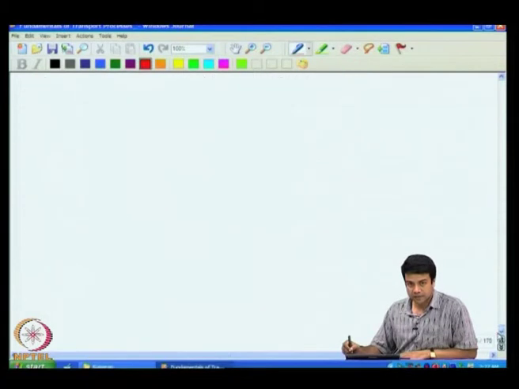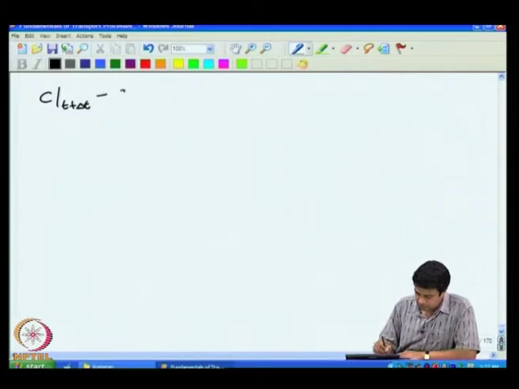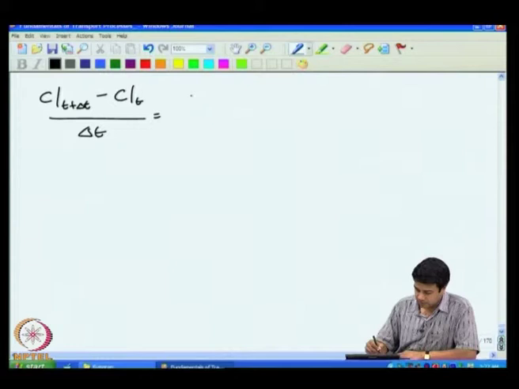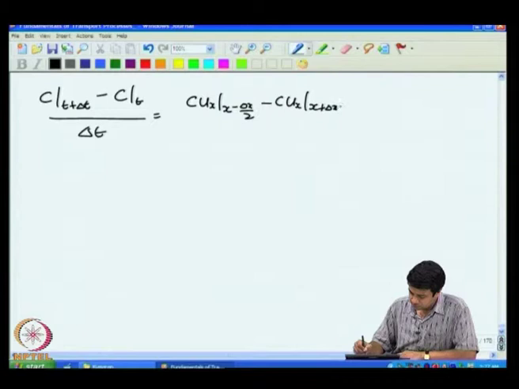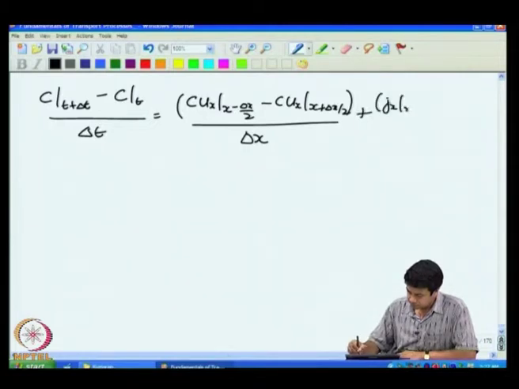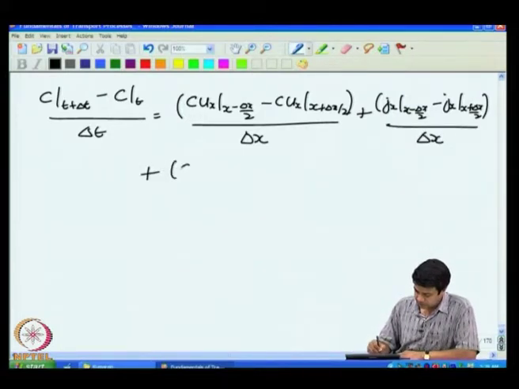Divide throughout by volume and time. Okay. And the equation that I get will be C at t plus delta t minus C at t divided by delta t is equal to plus C u y.